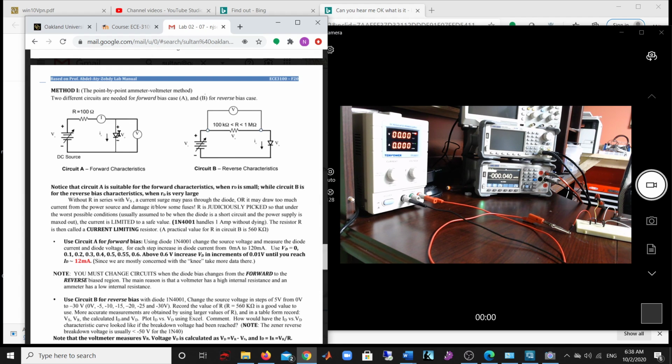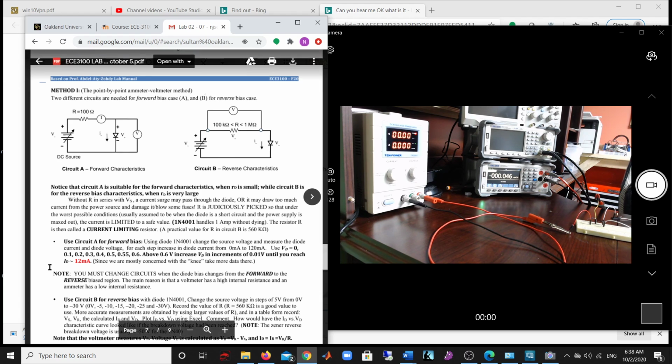That will hit two goals at the same time, because we need to measure the current when the Vd is 0.2, then the current through the diode when the Vd is 0.3, and so on.